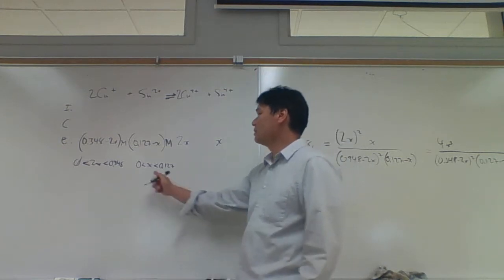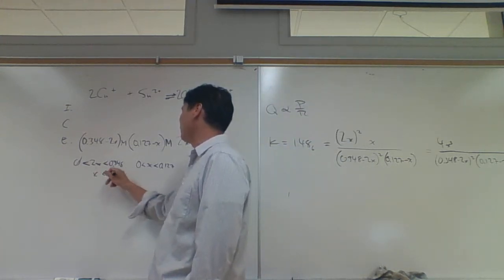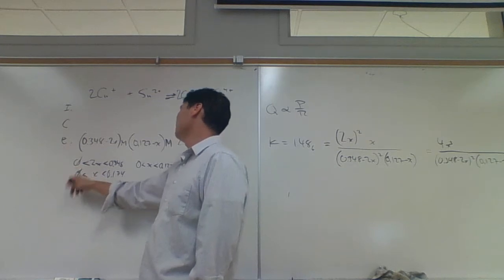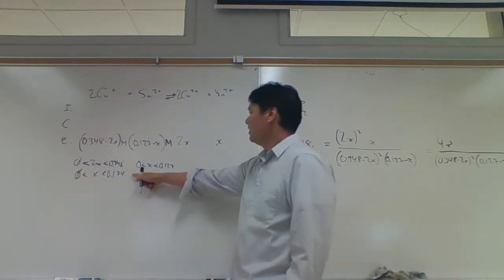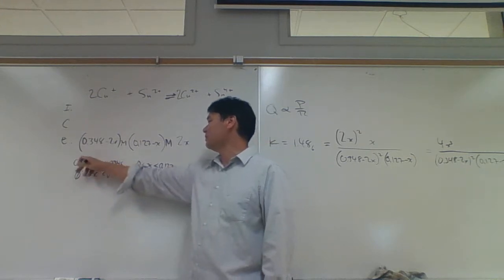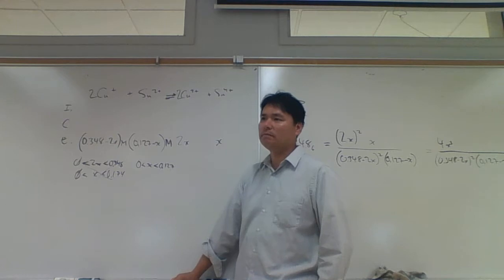And so the 2x is going to be there, so that means x is going to be between, well, what is half of 0.348? That would be 0.174. So it looks like, okay, well, I can't have x bigger than 0.127, so I'm going to eliminate this restriction. X has got to be between 0 and 0.127.